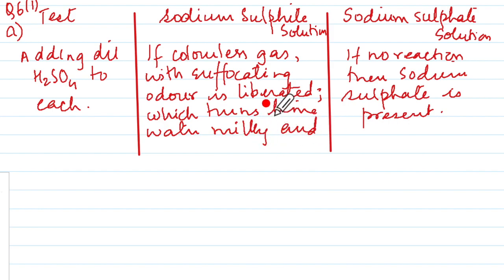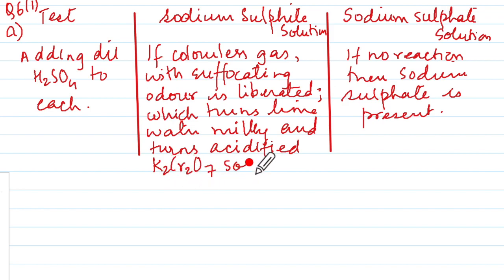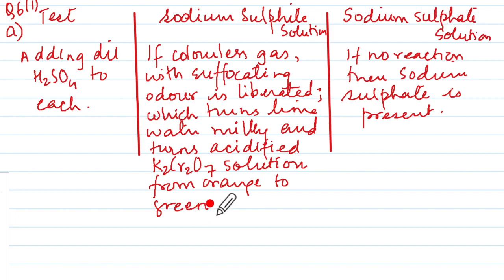And what else does sulfur dioxide gas do? It turns acidified K2Cr2O7 solution from orange to green.